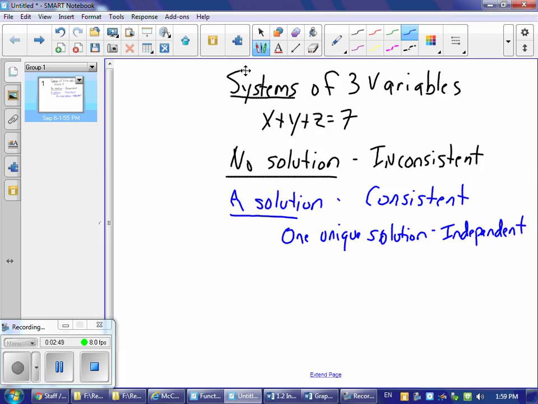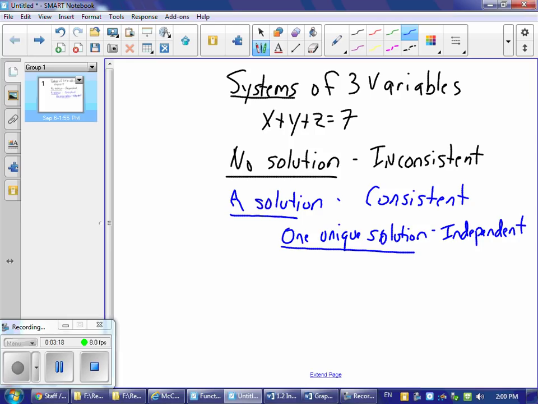One unique solution, independent. So in systems of two variables, if you have a solution where the two lines cross, you would have an ordered pair, an x and a y basically. If you have one unique solution and it's independent in three variables, you're going to have an ordered triple. You're going to have an x, y, and a z value. So instead of just 2, 3, you might have 2, 3, 7, or something like that.